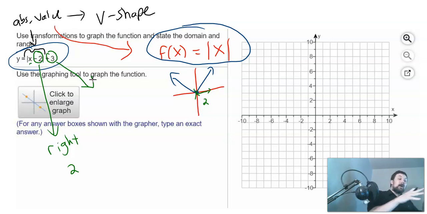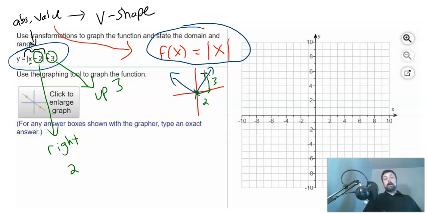That's not directly on the x variable. That's going to shift the graph up 3, right? So that's going to be a vertical change, a vertical shift. +3 actually does shift the graph up 3. And so all the points are going to get shifted up 3, but I'm just tracking this one for right now. It's going to get shifted to the right 2, and then it's going to get shifted up 3.